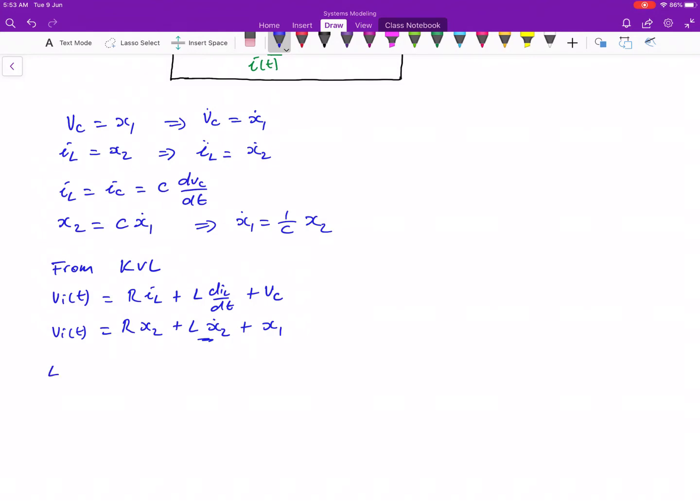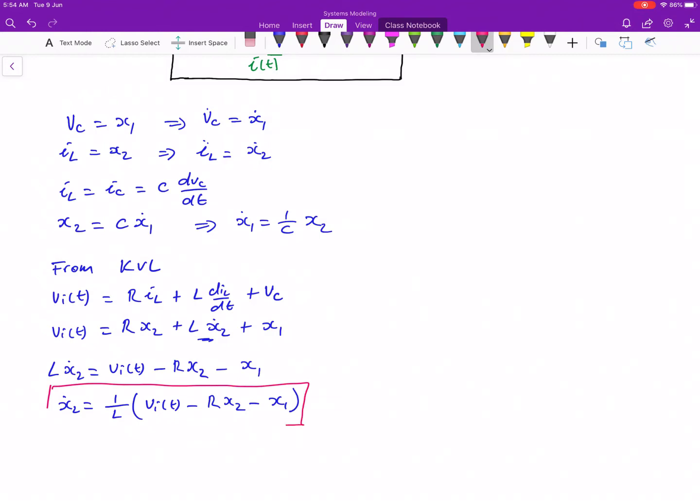So we have L X2 dot is equal to our input voltage minus R X2 minus X1. Then we can solve this: X2 dot is equal to 1 over L, times our input voltage minus R X2 minus X1.